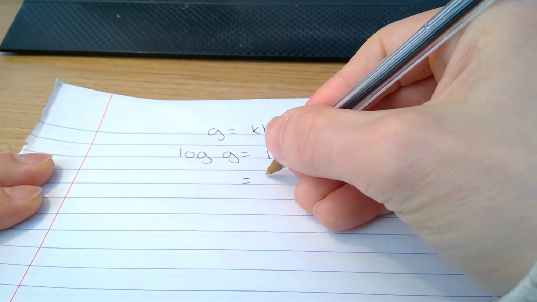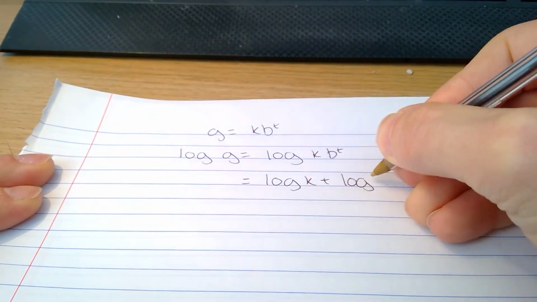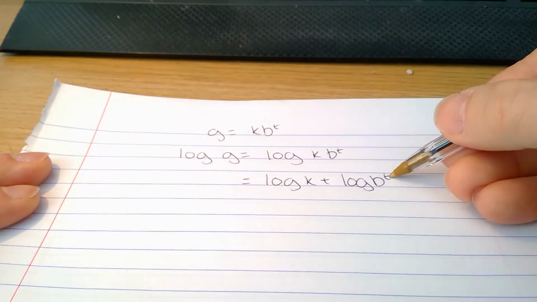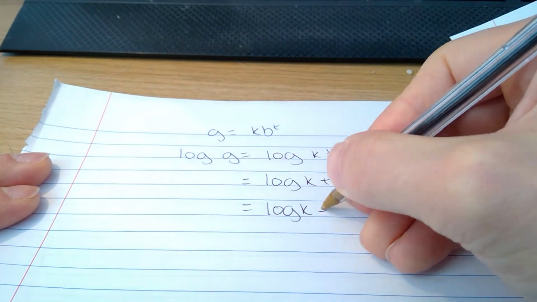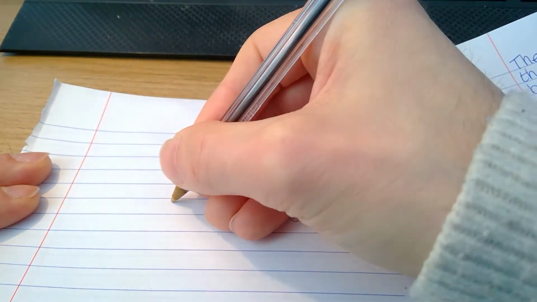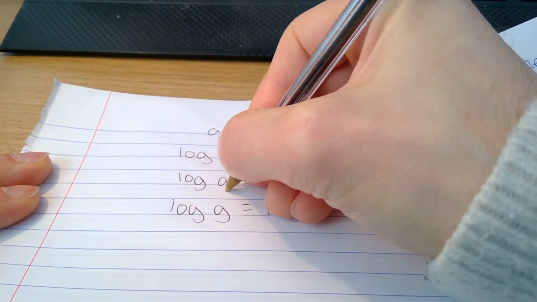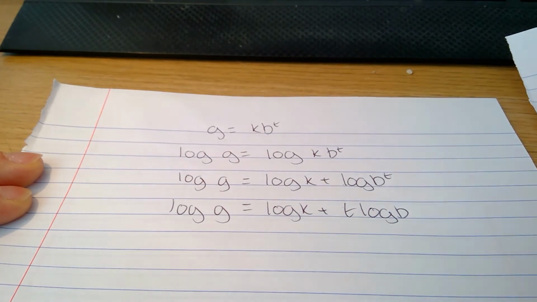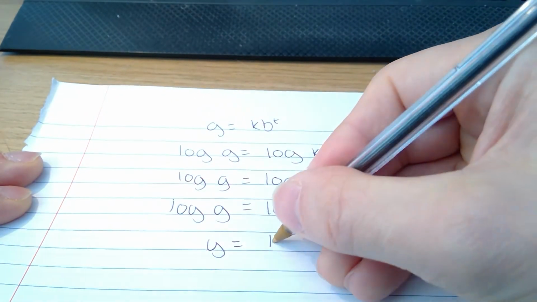So that's going to become log of k plus log of b to the power t, and then I can also use the log law to bring the power to the front, so it's going to become log k plus t log b. So log g is equal to log k plus t log b. And the coding we had was replacing log g with y and replacing the t with x.